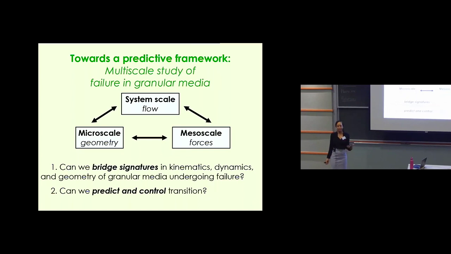The approach that we use with our research is a multi-scale approach to understand granular systems. We want to learn how this flow at the system scale or macro scale of disordered materials depends on micro scale configurations or interactions.